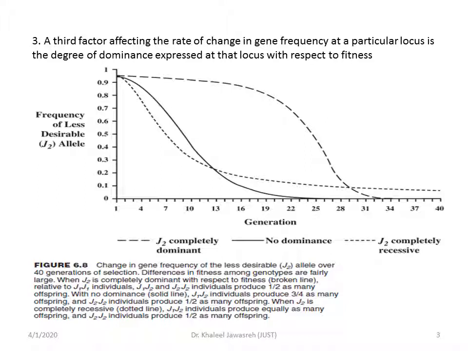If you select against J2 in complete dominance, without dominance, and in complete recessive, you can see the behavior of the gene frequency through generations is slower in the complete dominance, and if you compare it with no dominance and complete recessive, it will be reduced after a few generations, not like the complete dominance.